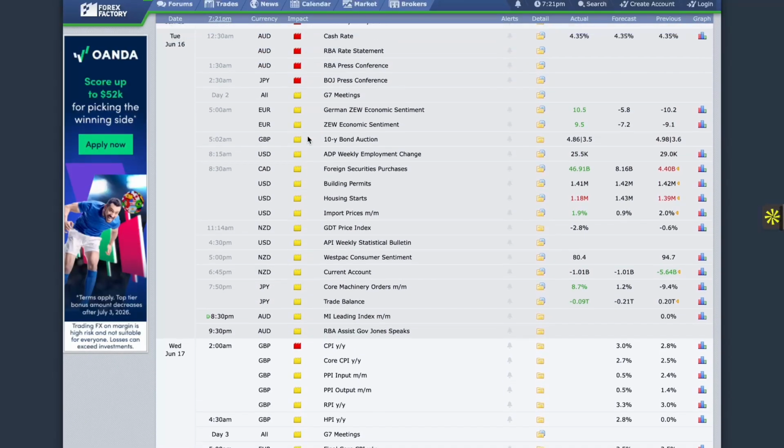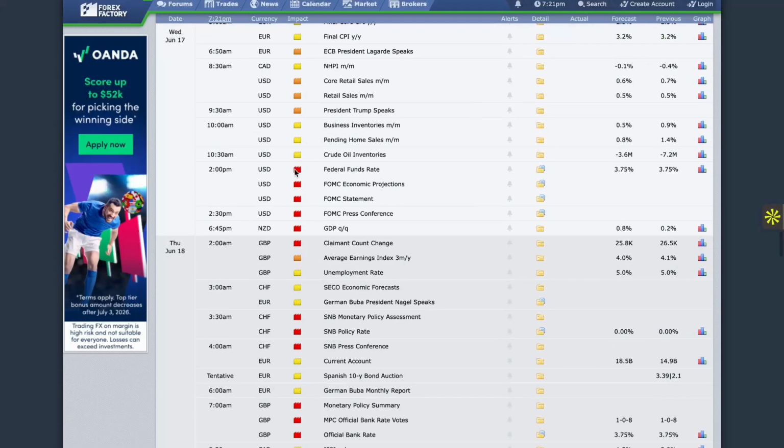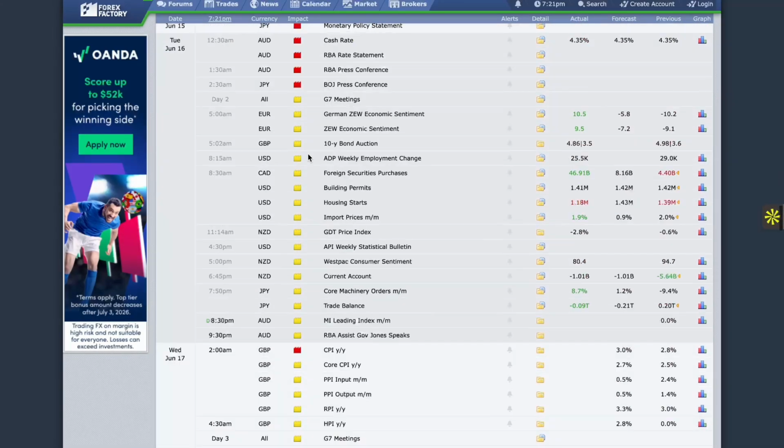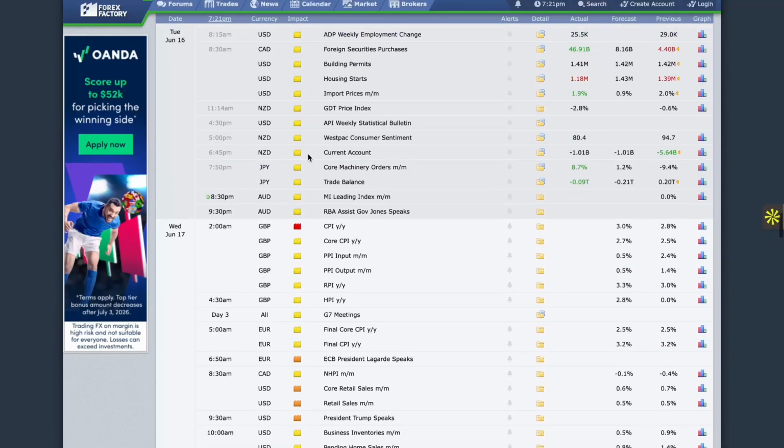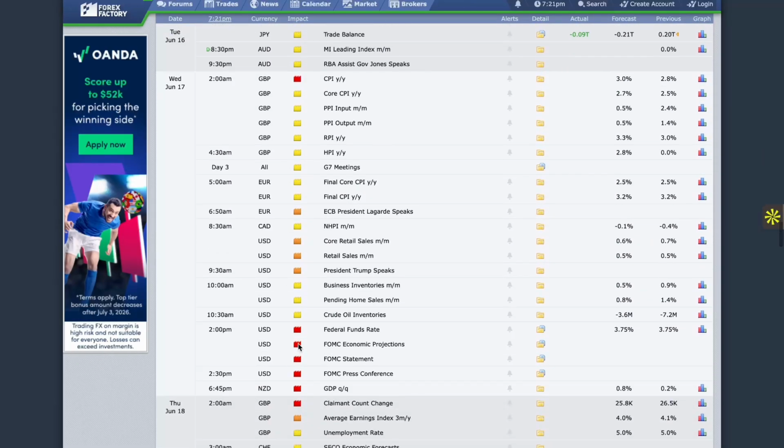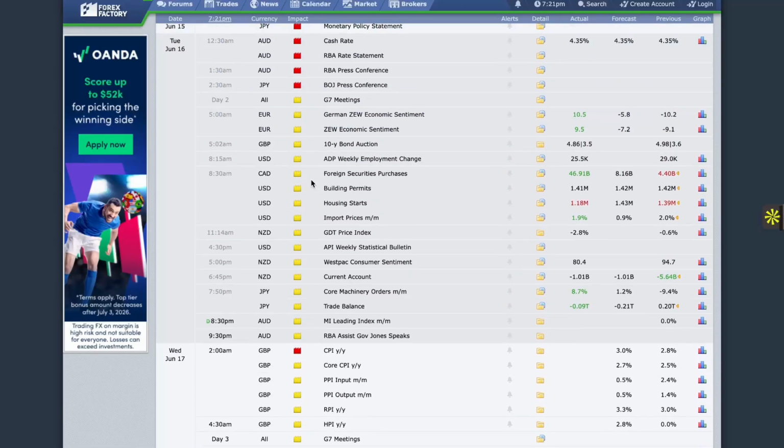How I use this website is I want to look for red folder news, right? Red folder news is the highest impact news that we could have. So it's red, and then orange is medium impact news, and then the yellow is low impact news, right? As y'all see, today, the majority of the day, there was no real high impact news in the markets.